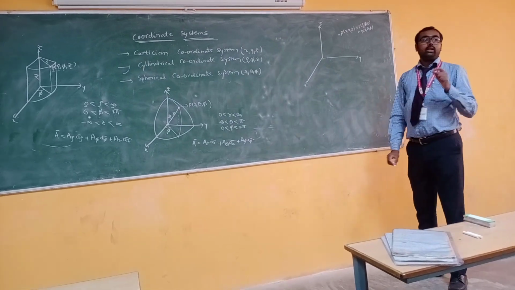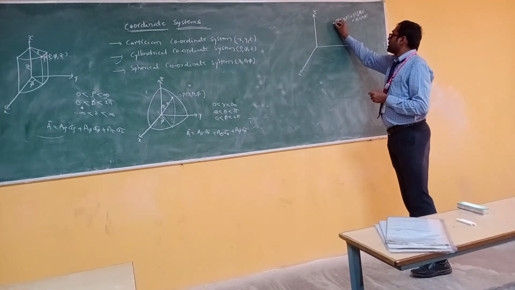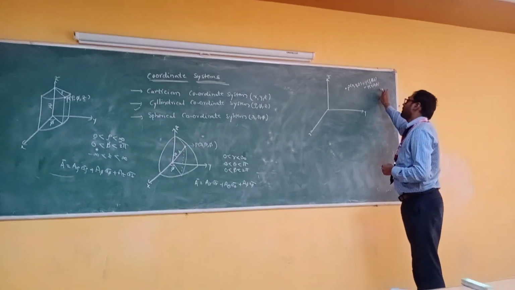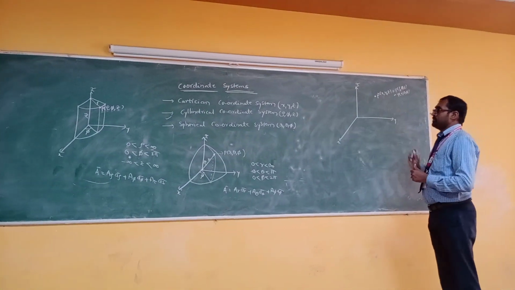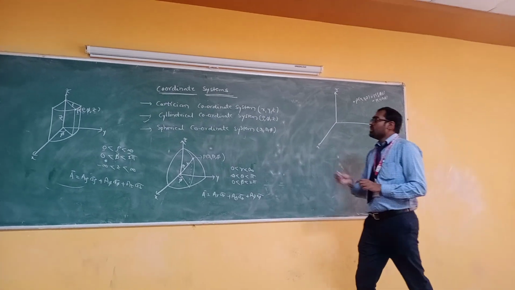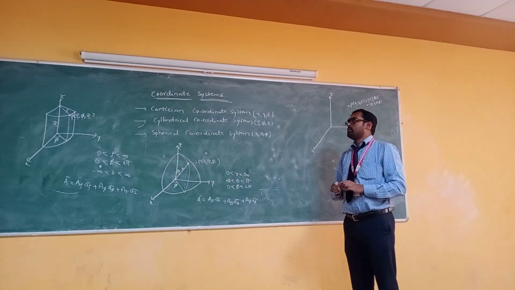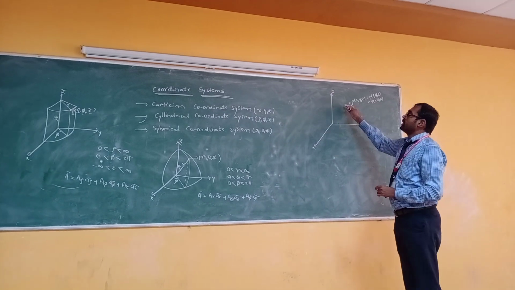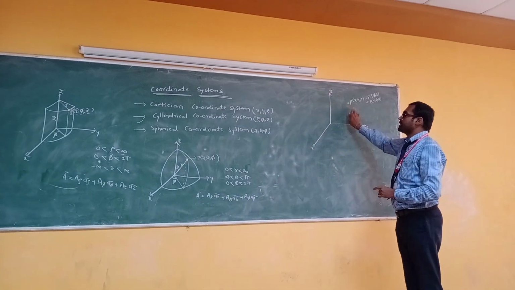If we take one point on any coordinate system, it has the three coordinates x comma y comma z, the same as rho comma phi comma z and r comma theta comma phi. Now, based upon the definition of all these three, we can represent all these definitions in this diagram.